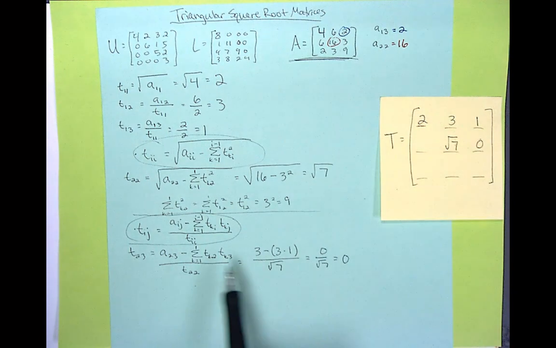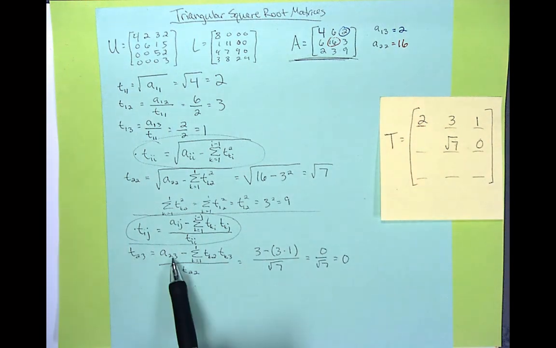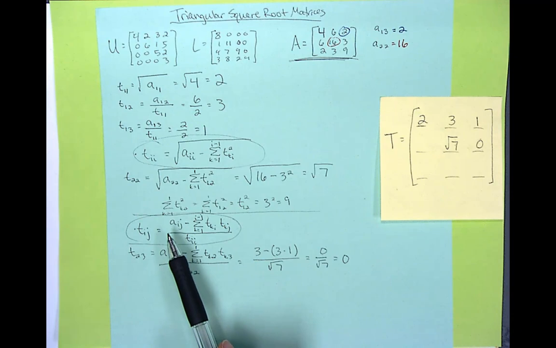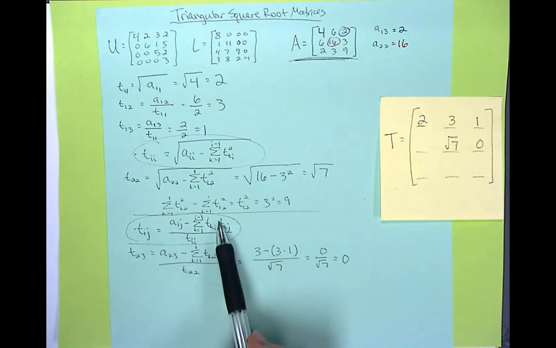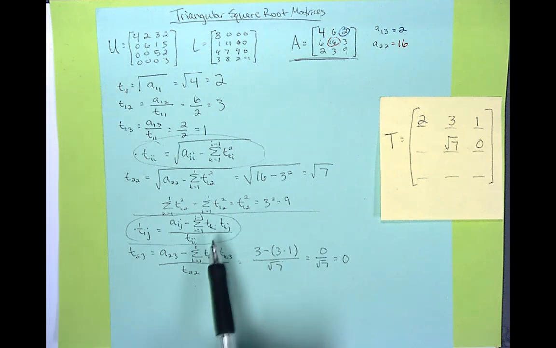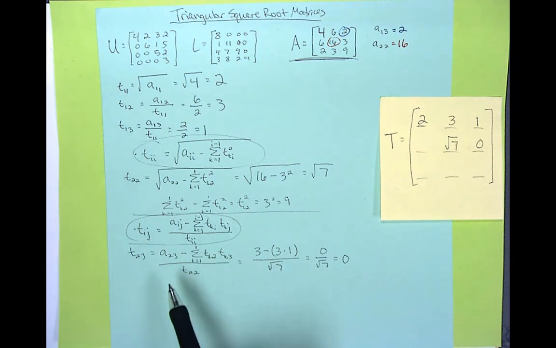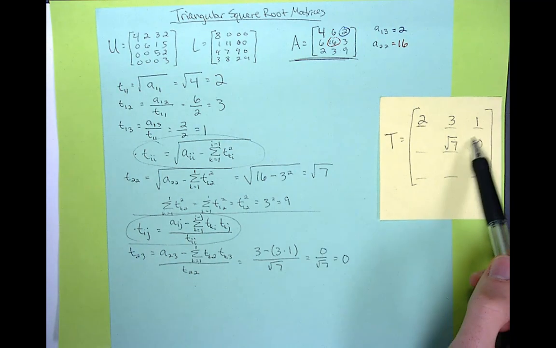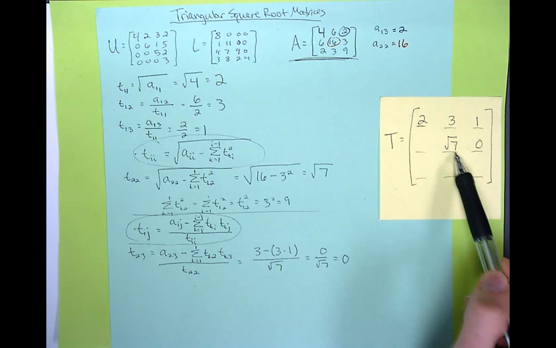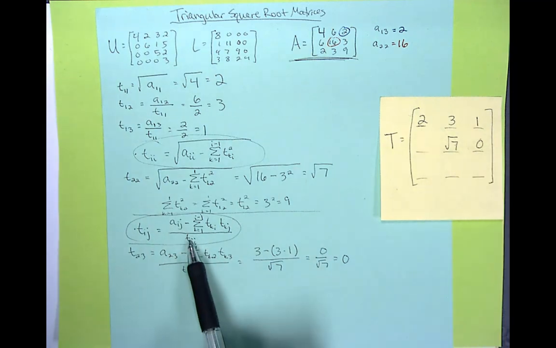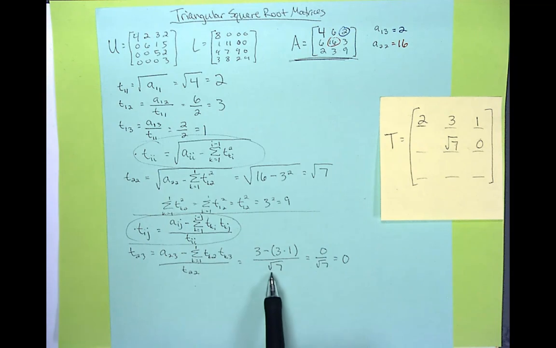So we're taking this 3, okay, and we're going to subtract a quantity from it, which we'll talk about in a second, and divide it by the just computed diagonal element for that row. Well, for this row, we just computed this diagonal element, square root of 7. So we do this element in A minus a quantity divided by the just computed diagonal element for that row, which was the square root of 7.